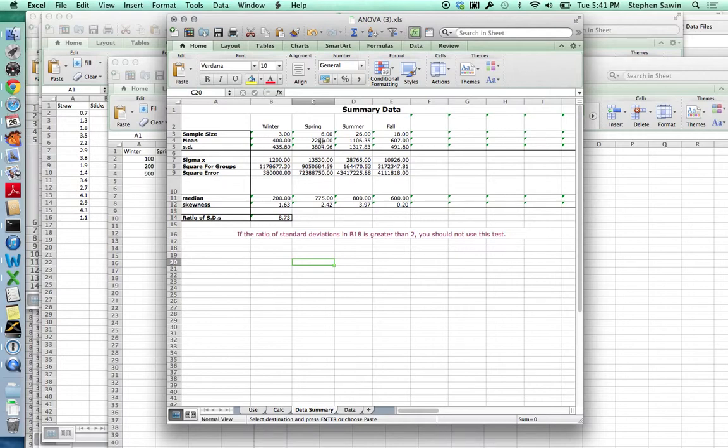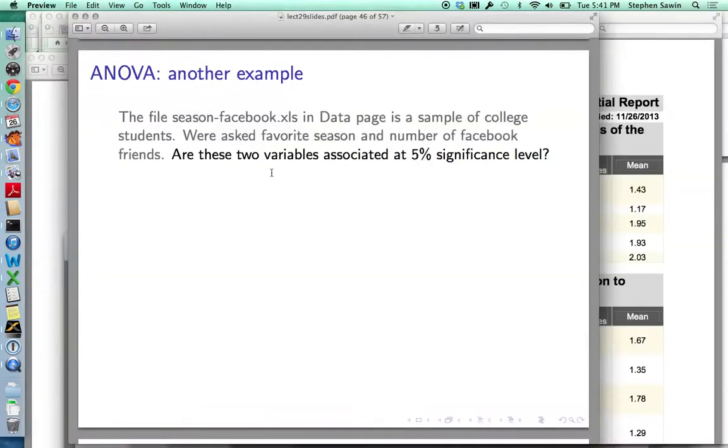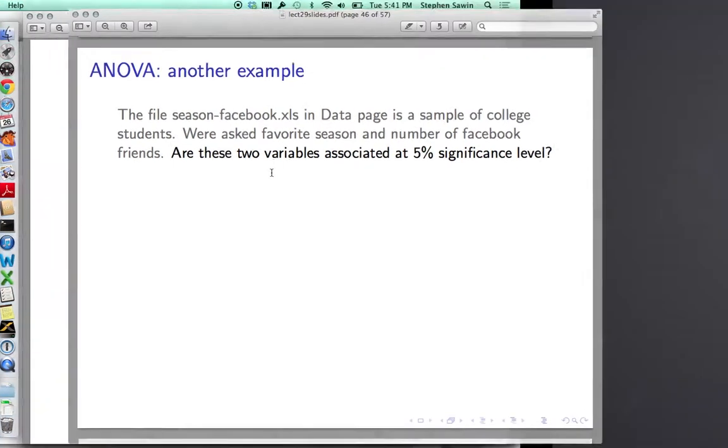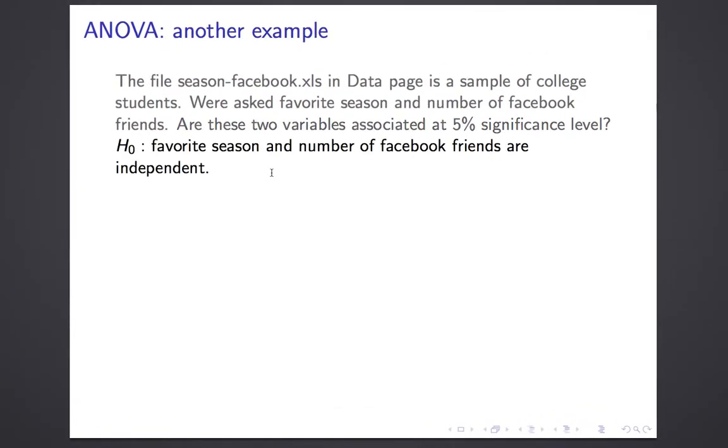Compared to the standard deviations, these aren't that far apart, as we see when we click on the Calc tab. Our p-value is now 0.152. That tells us, so I guess I'm skipping ahead a little. Our null hypothesis is that the favorite season and the number of Facebook friends are independent.